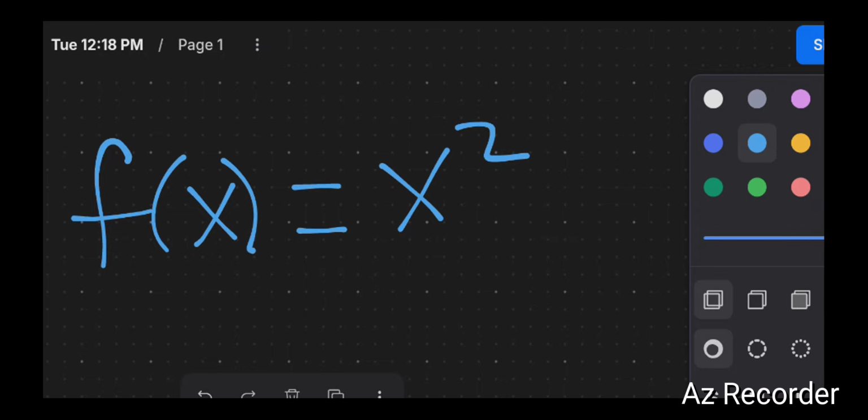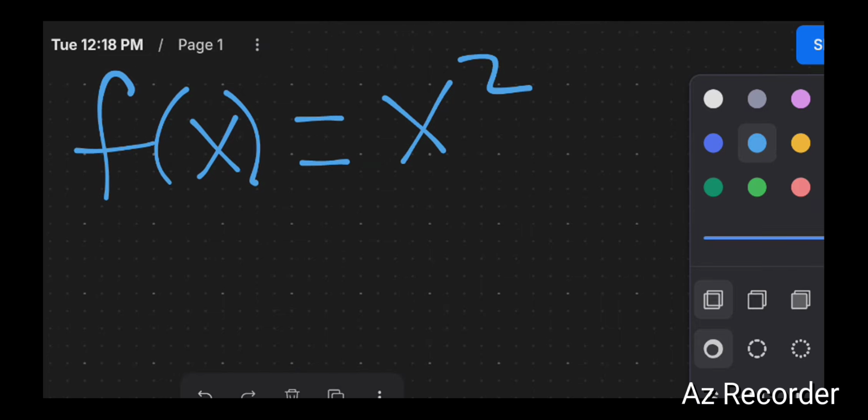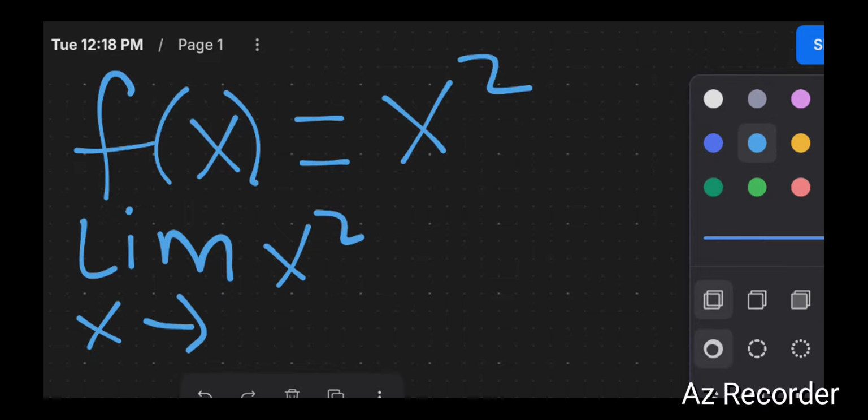Mathematically, we write this as the limit of x squared as x approaches 2. And what will this give us?